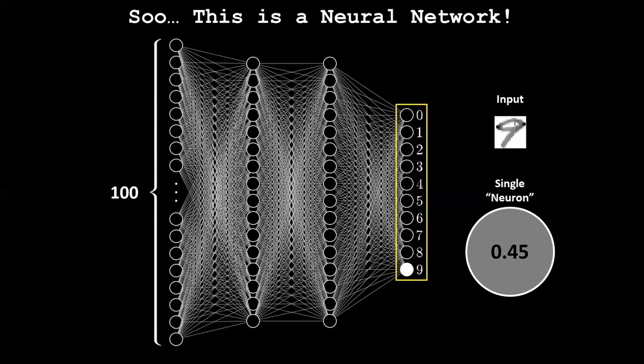And how does this work? Well, out of these 10 numbers that we will have as final output, each one of them will have some numerical value, and in the ideal case only one of them should have a value of 1, and every single other should have a value of 0.